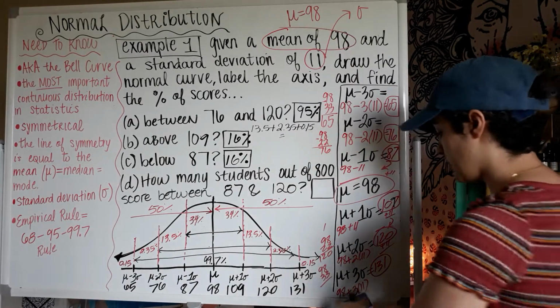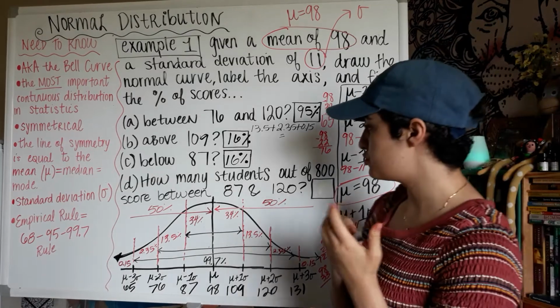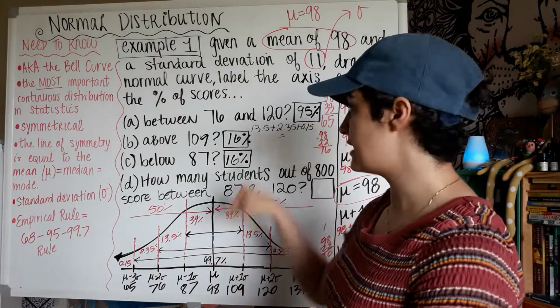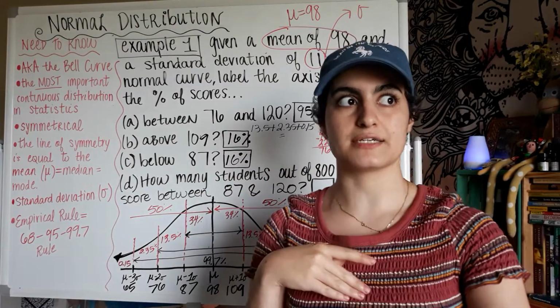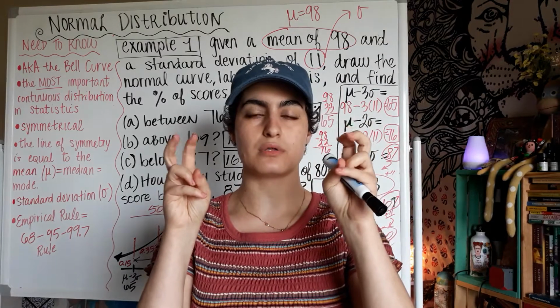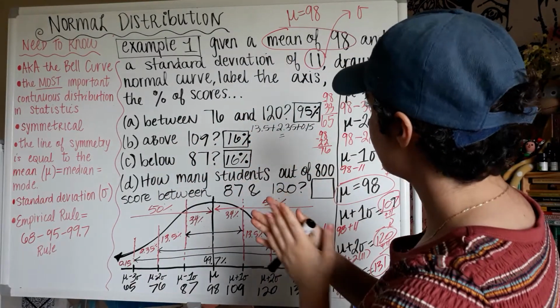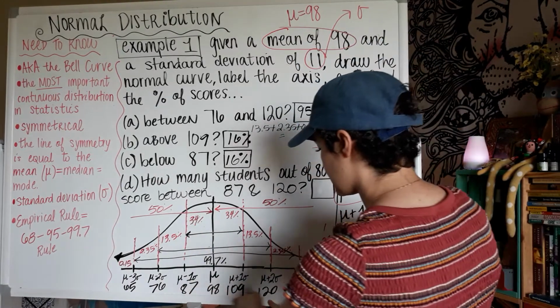Now the last one. How many students out of 800 score between 87 and 120? So we're going to do the same exact thing as A, B, and C, and then we're going to do a final step to convert that into a people value. So between 87 and 120, we're going to add these percentages.